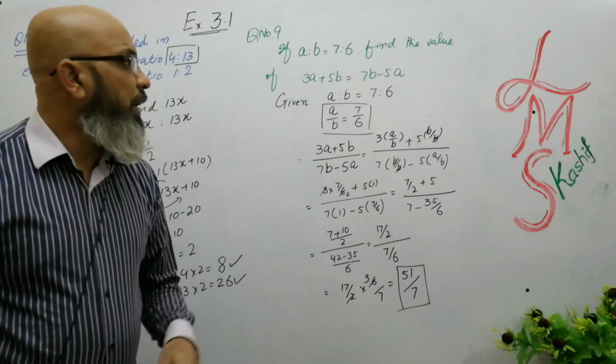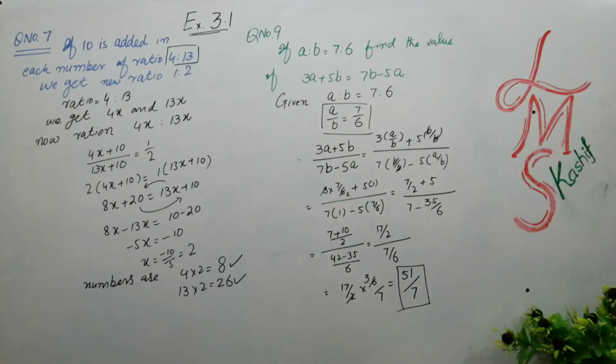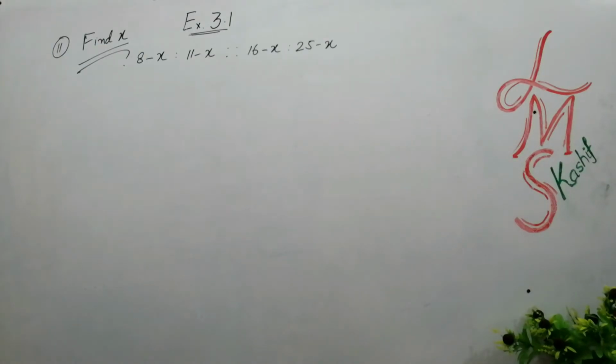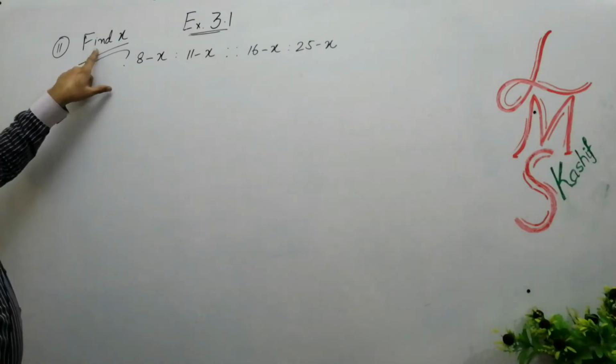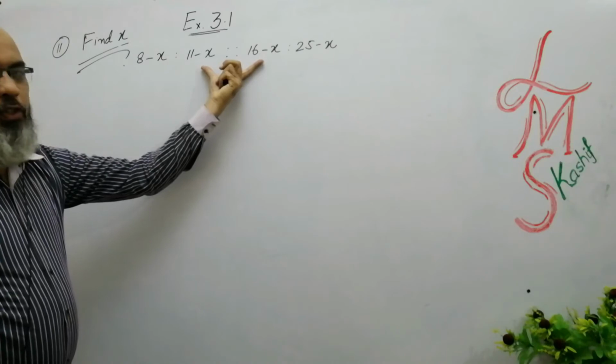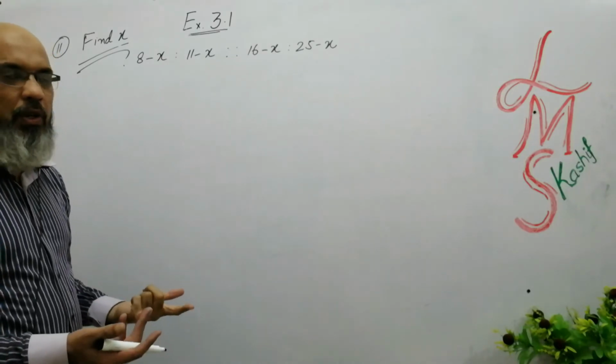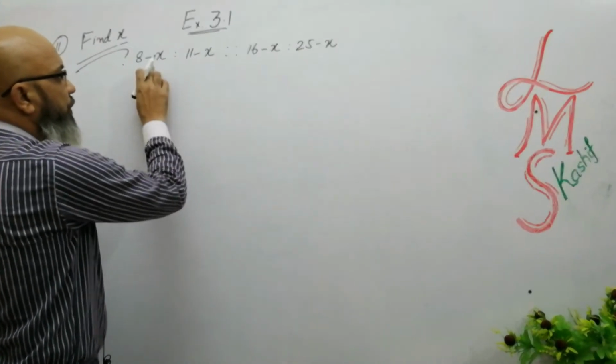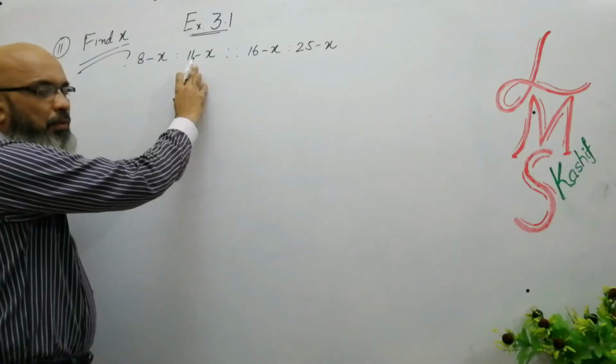So now come to the next question, last question of this exercise. So last question is, you have to find x in this given proportions. So it is in proportion form, so you will use the formula of product of extremes is equal to product of means.